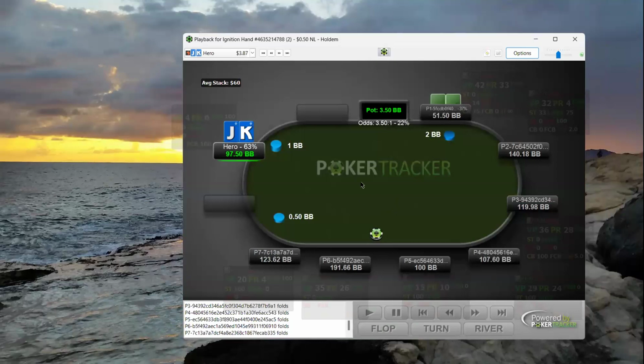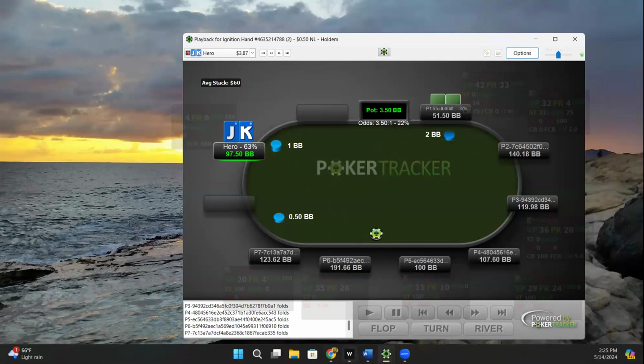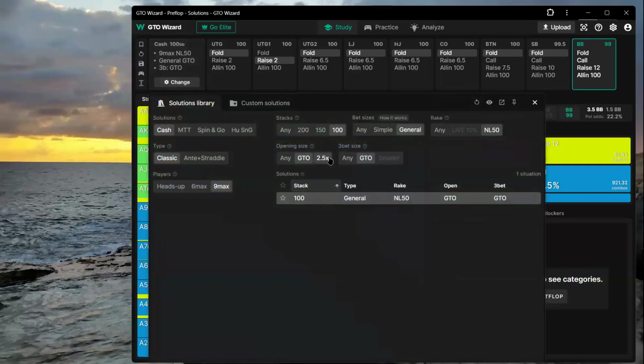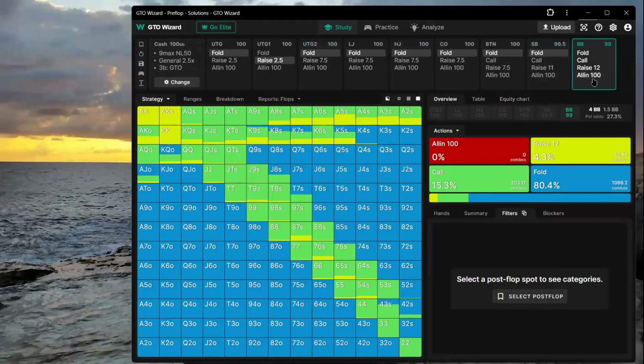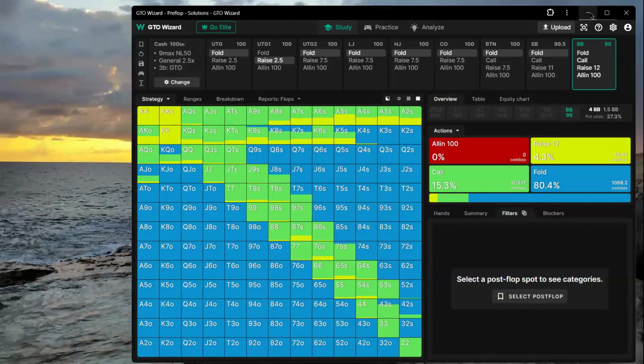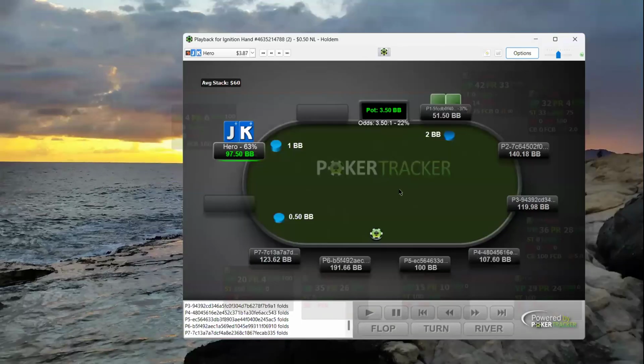And in the 9 max 2.5 chart, the King Jack suited raises a lot. It's between 12.5 and 25%. Okay, 25% for simplification. So we wound up flatting.